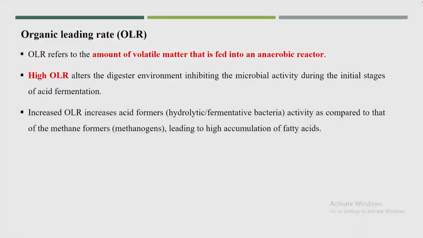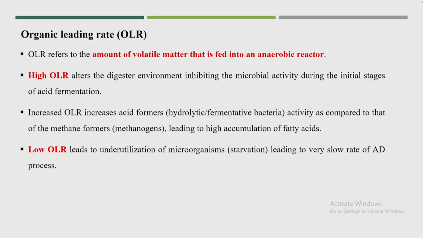And increased OLR increases acid former activity as compared to the methane former, leading to high accumulation of fatty acids. So, this is also a very important factor, and low OLR leads to starvation of microorganisms, leading to a very slow rate of anaerobic digestion process.